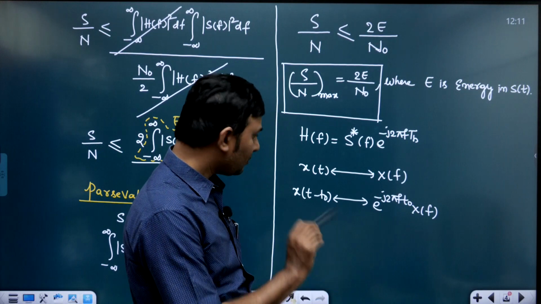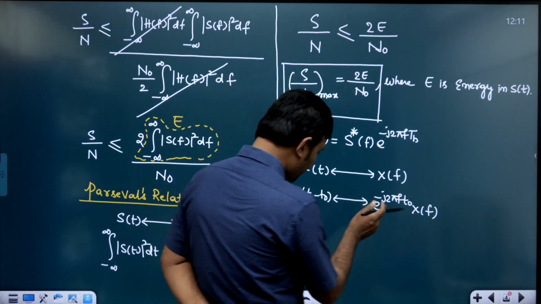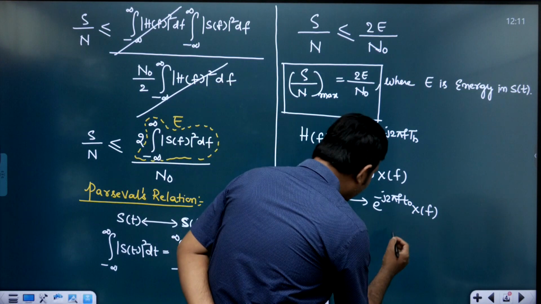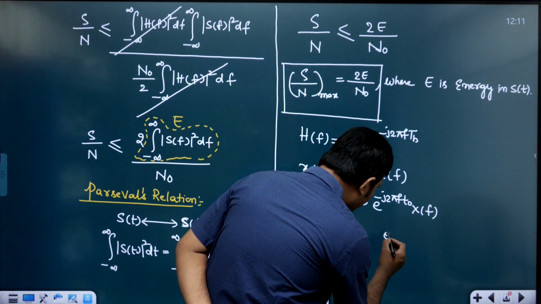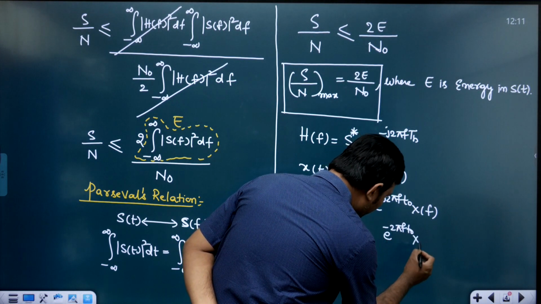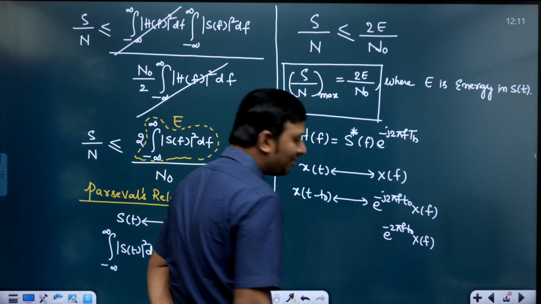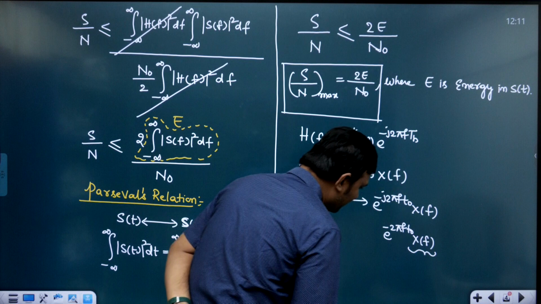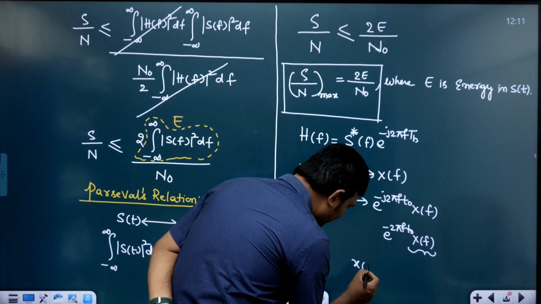And you can understand it in another way also. If you want to get the inverse of e power minus j 2 pi f t naught into X of f, what I am saying is, to this X of f, first get the inverse. X of f inverse is x of t.